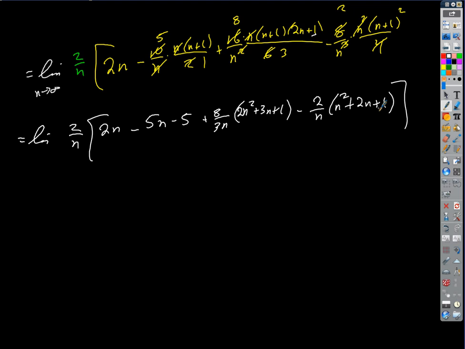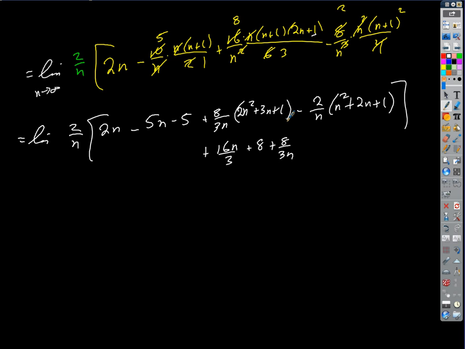Right? So what about here then, if I distribute the 8 over 3n, what's that going to be? 16n over 3 plus 8 plus 8 over 3n. Is that good? Or double check me. If I distribute the 8 over 3n to all parts.